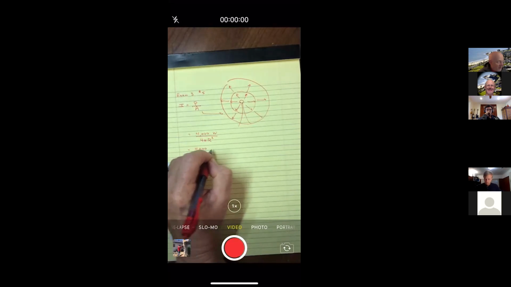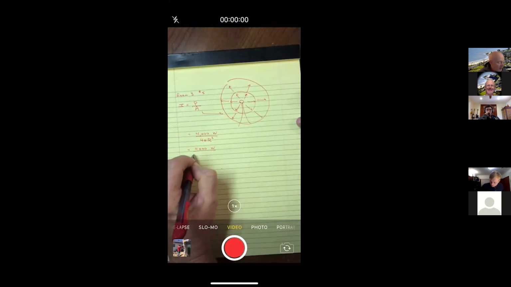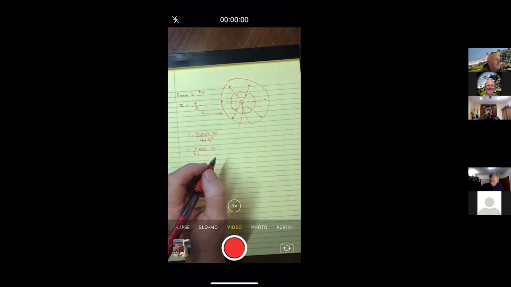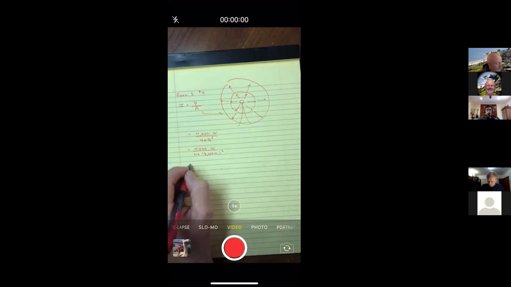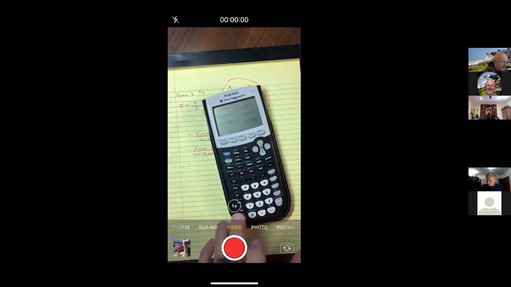So this 4,000 watts of power is spread out over, I'm going to come back here to the number, what was this, 8 kilometers from the transmitter. So this would be 8,000 meters. And so there's the first half of the problem.